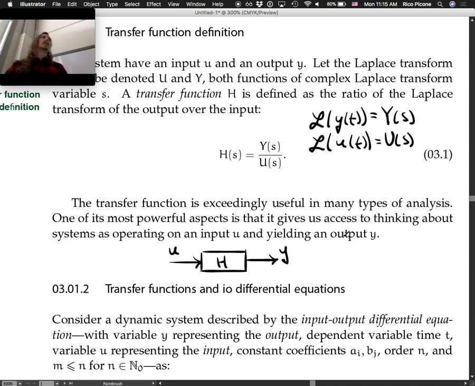So this is kind of the beginning of our thinking in terms of a system. Inputs come in, outputs come out, and we represent it graphically like this. The transfer function is the object that takes us from the input to the output.